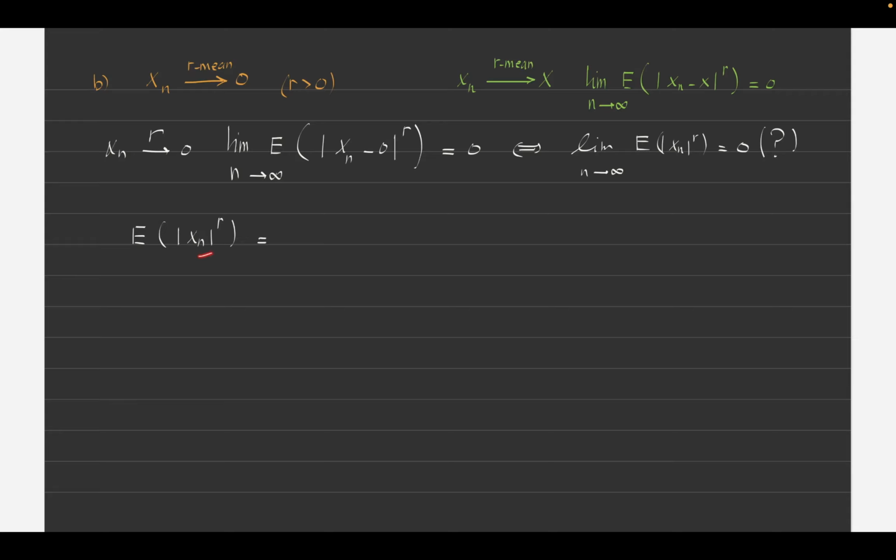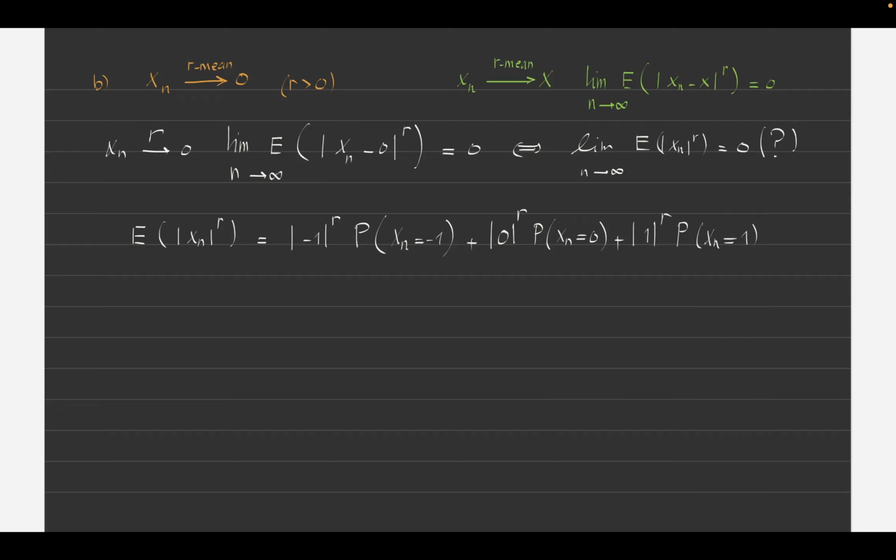So this becomes every possible output multiplied by the probability that this output occurs. In principle, one of the possible values is minus 1, so this becomes the absolute value of minus 1 to power r, multiplied by the probability that xn is minus 1, plus the other possibility is 0, so it becomes the absolute value of 0 to power r, times the probability that xn is 0, and then plus 1 to power r, times the probability that xn equals 1.